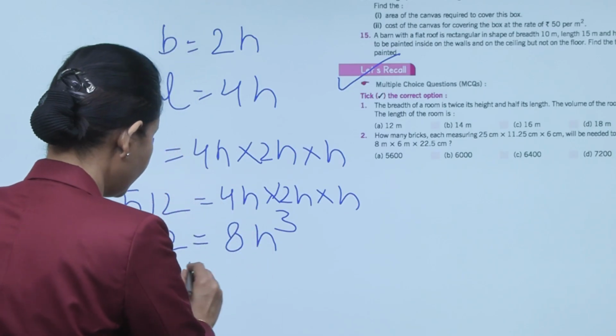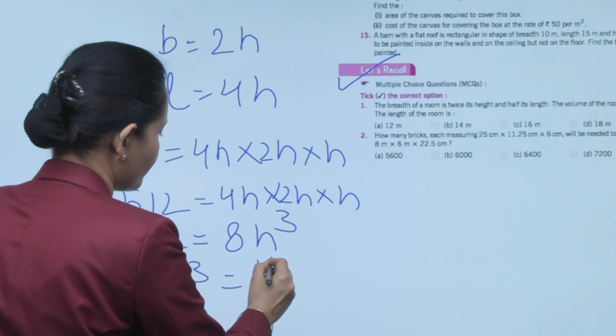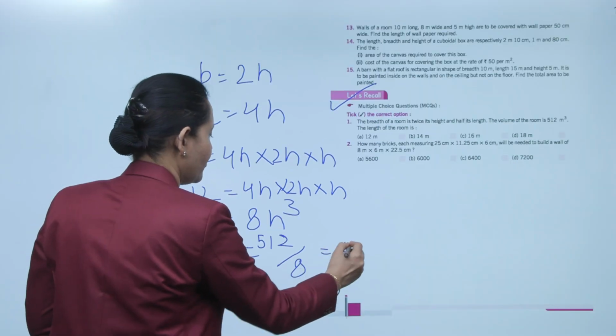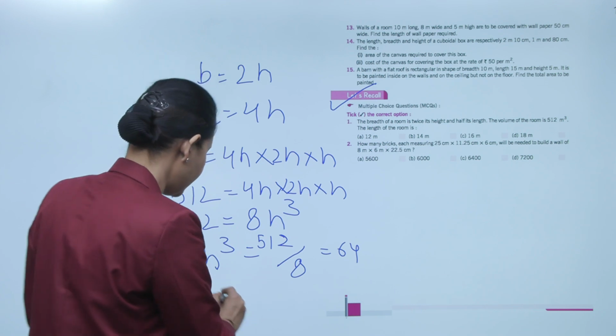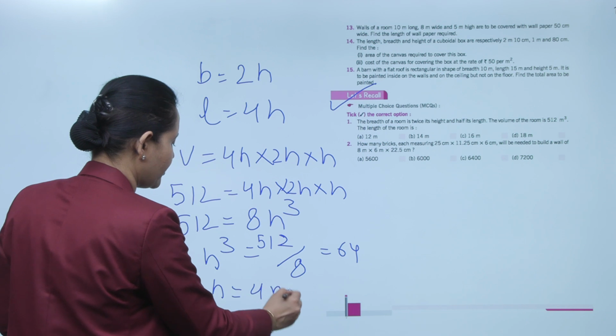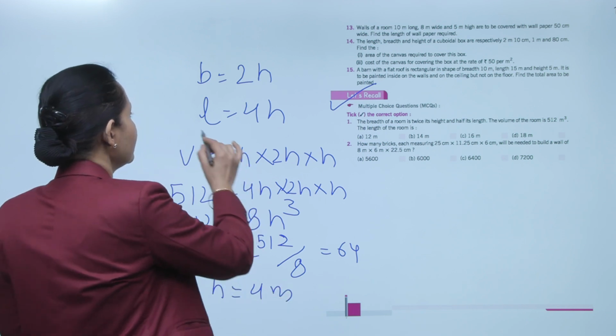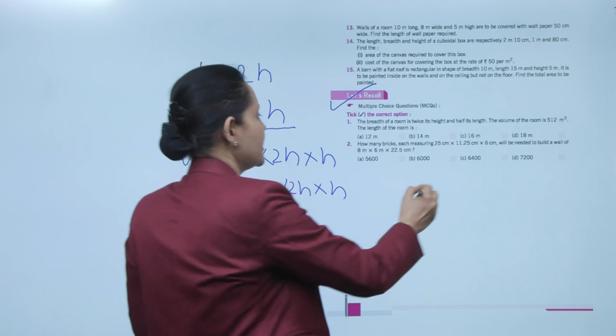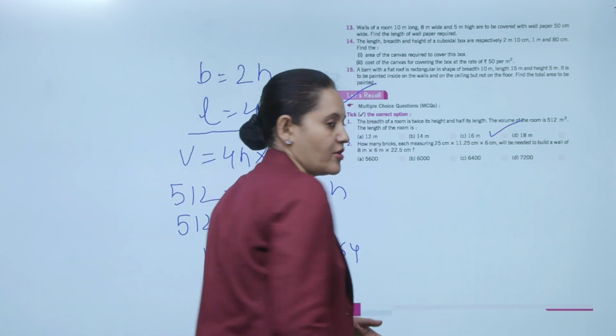So H cube equals 512 upon 8, that is equal to 64. So the value of H is equal to 4 meter. Now H is 4 meter, L equals 4 times H, means 4 into 4, 16 meters. So C is the correct option here.